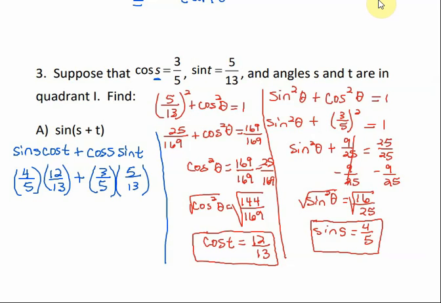All right, so if I multiply those, I get 48 over 65 plus 15 over 65. And I'm going to add those together, and I get 63 over 65.